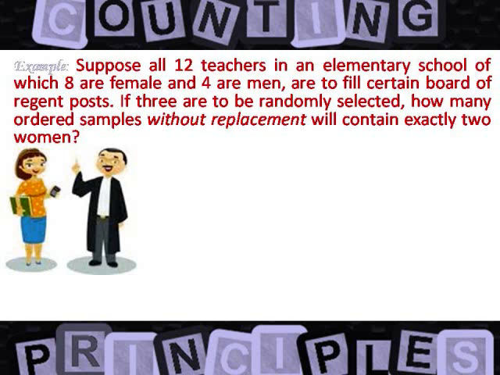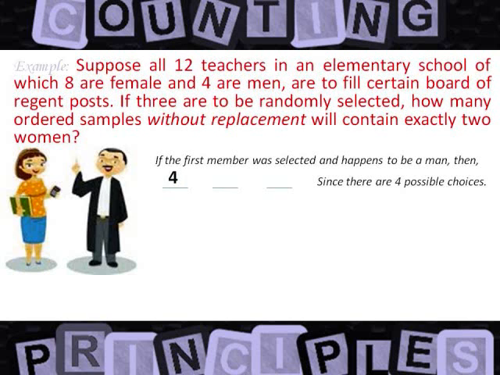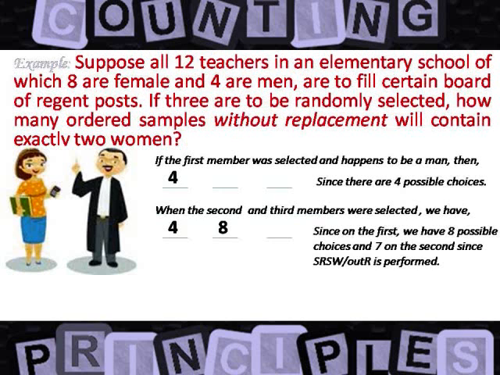Like what we did earlier, we write down 3 bars. If the first member was elected and happens to be a man, then we write down 4, since there are 4 possible choices. For the second, of course, we need a woman since we require that the sample will contain 2 women.